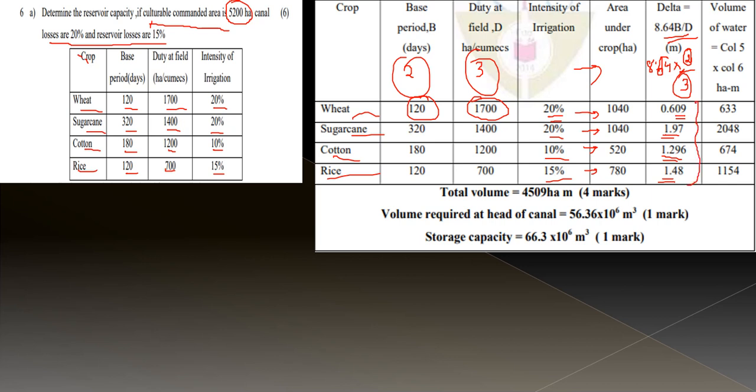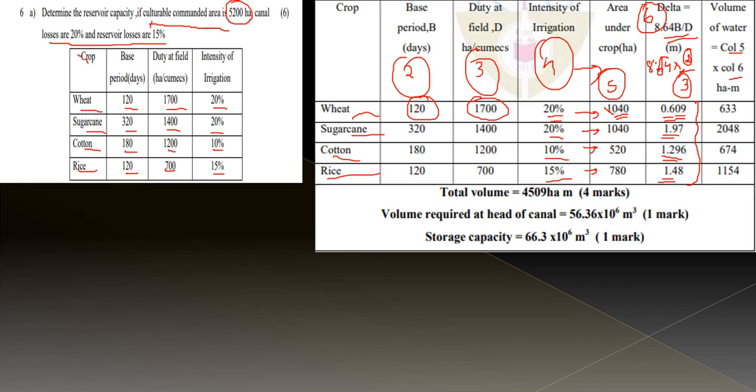From that, this is the height of water required. So to find out the volume of water, you have to multiply the area under the crop into the height of water. That is this much area in hectare multiplied by this much height of water in meters. So volume of water required is equal to column 5 into column 6.